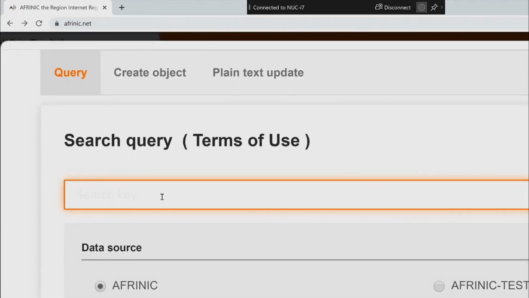I am still on the Afrinic site. I've just quickly reconfigured my router, and now the address that's been assigned to me happens to be 197.185.110.3.